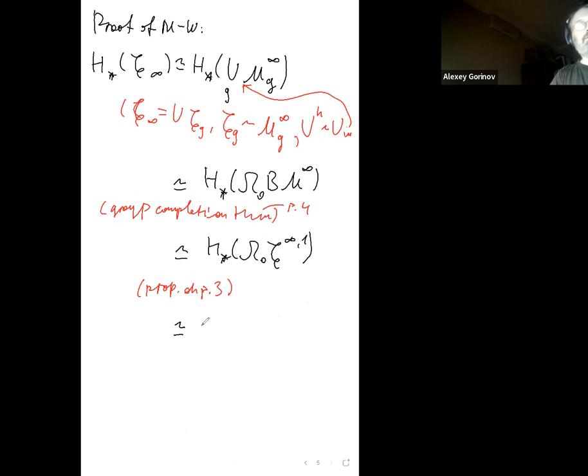Well, the latter is the same as the limit as n goes to infinity of the homology of omega naught C_n 1. Why is this?